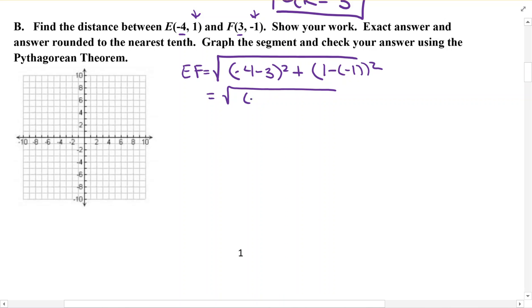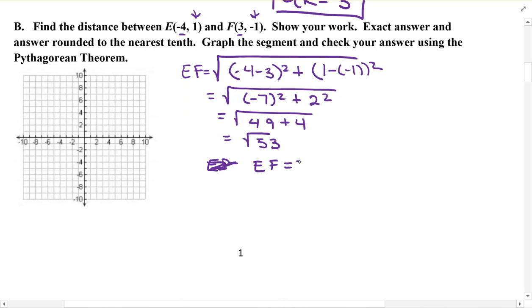That gives -7 squared plus 2 squared, 49 plus 4, which is the square root of 53. So the exact answer is EF equals root 53 units.